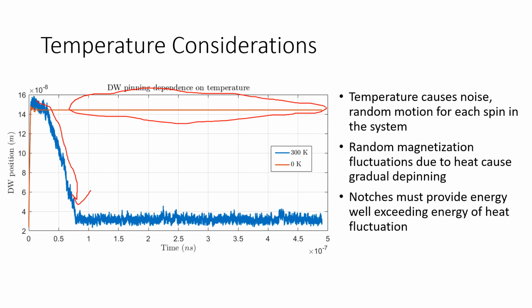So temperature actually has a pretty big impact on whether or not a domain wall will pin. This temperature causes random magnetization changes to happen, and as a result, the domain wall will begin relaxing and it will depin from the notch. My next step for this is to see how deep the notch must be in order to avoid this happening.